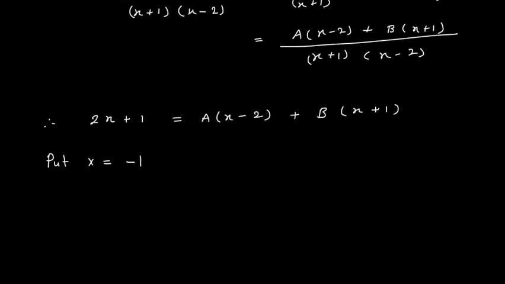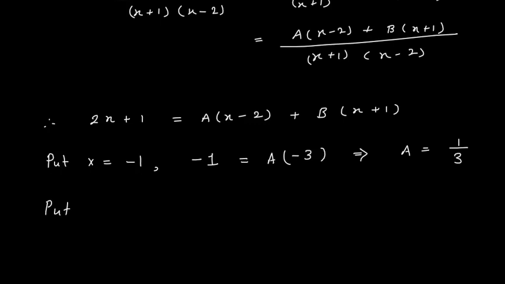Okay, so when I put x equal to -1, the left hand side will become 2 into -1, that is -2, plus 1, so -2 plus 1 is -1. -1 is equal to A into, now the value of x I have put is -1, so it is -1 - 2, that is -3. Okay, and this B part will become 0. So from here you can easily say that A is equal to -1 upon -3, that is 1 upon 3. So this is the value of A you get when you put x equal to -1.